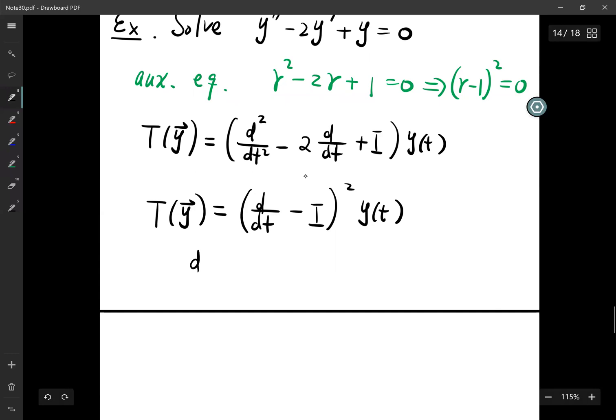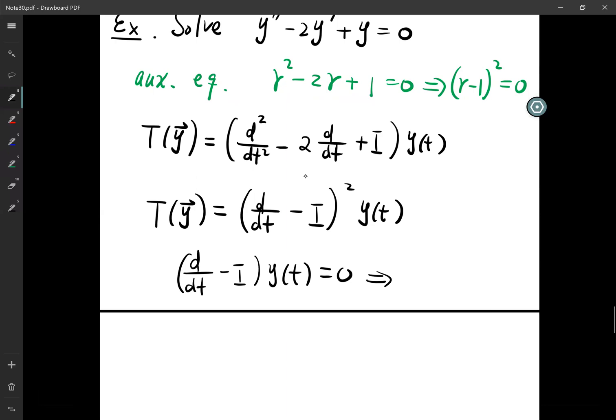So I get (d/dt minus I) y(t). If this is 0, then it's a sufficient condition to find a solution. So this one is y(t) equals some C1 exponential to the t. Now I'm stuck.